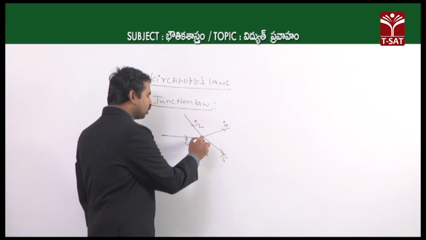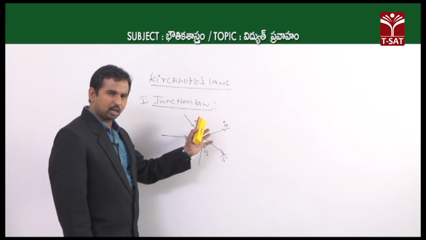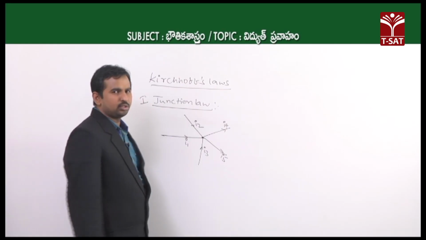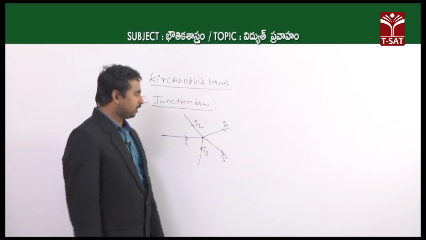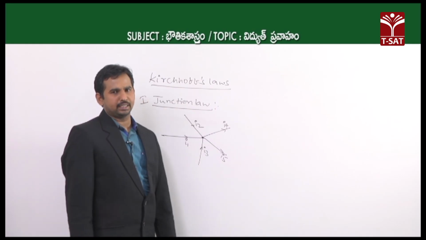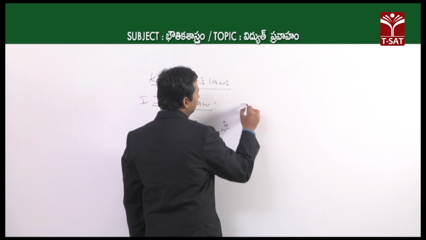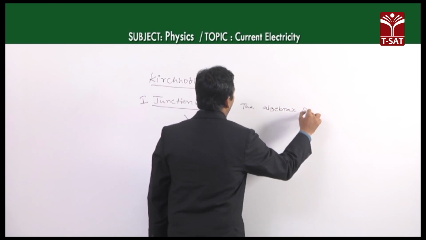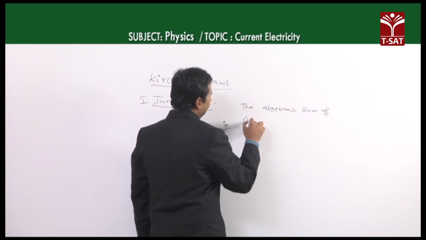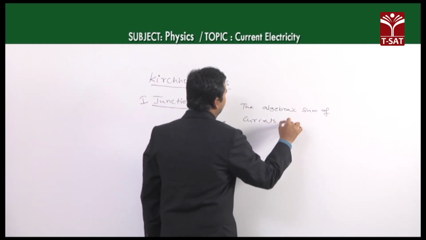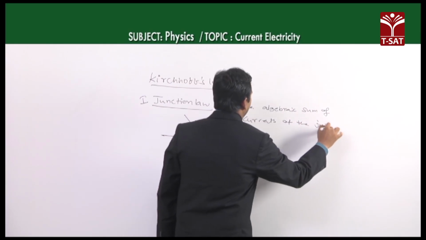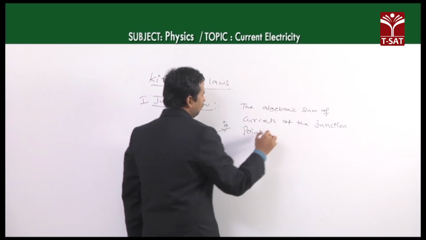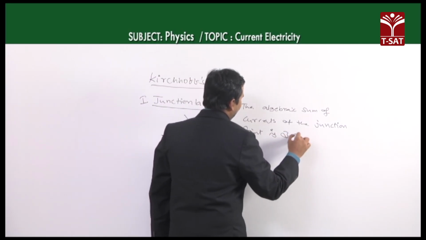So, at this junction point, 3 currents are incoming and 2 currents are going outside. Then according to this junction law, Kirchhoff's first law, the algebraic sum of the currents at the junction point is 0.